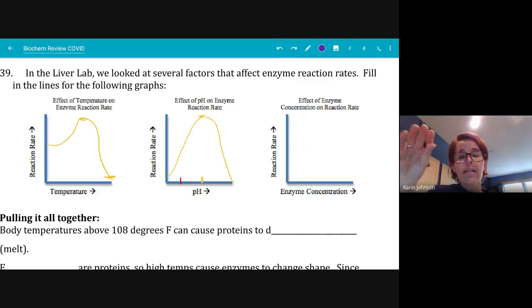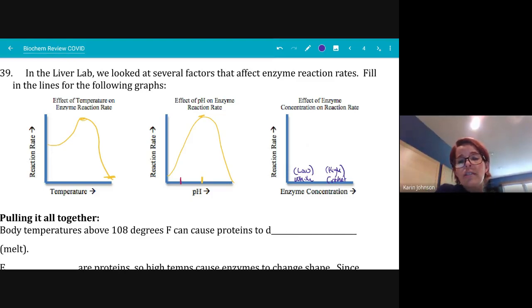When we squished up the liver, the whole liver and the squished up liver, they both scored a 10. But this is really about how fast it reacts. So the whole liver versus the crushed liver. We could also say, maybe what would have been better, low concentration and high concentration of enzymes.